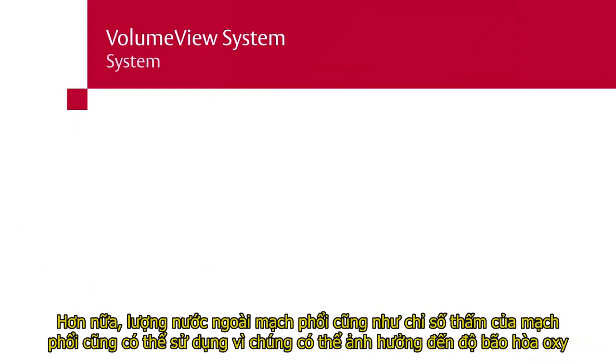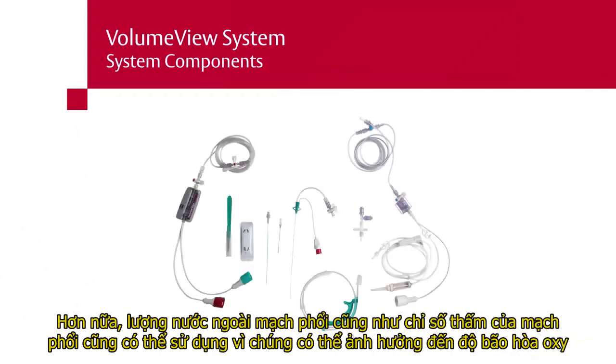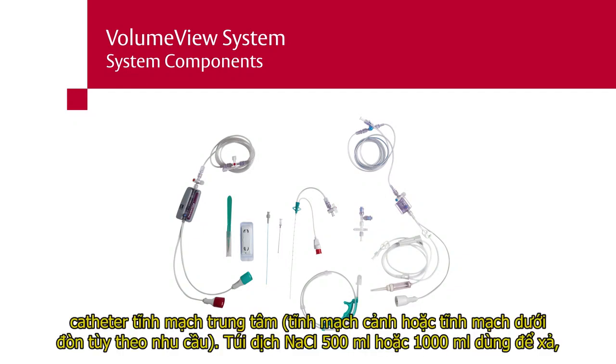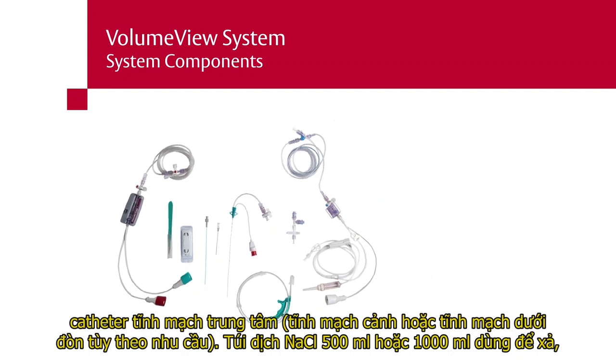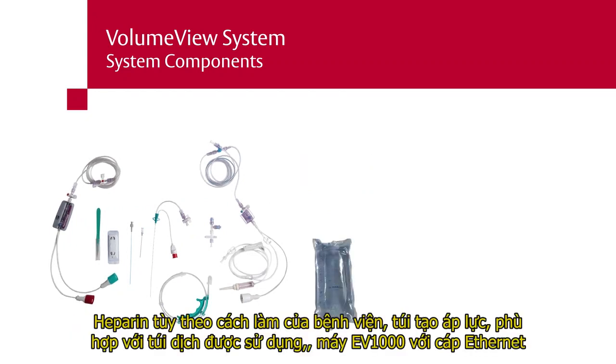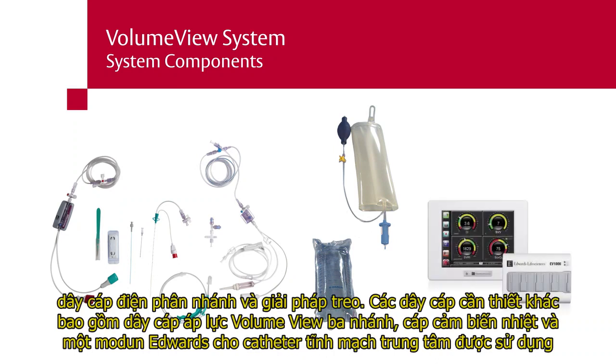The EV1000 VolumeView system is comprised of the following components: VolumeView disposable set, 4 French or 5 French catheter, dressing for femoral arterial catheter per institutional practice, central venous catheter, IJ or subclavian, per institutional practice and patient needs, sodium chloride flush solution bag, 500 or 1,000 milliliters, heparin per institutional practice, pressure infuser bag appropriate for flush bag being used, EV1000 clinical platform monitor with Ethernet cable, bifurcated power cable, and mounting solution.